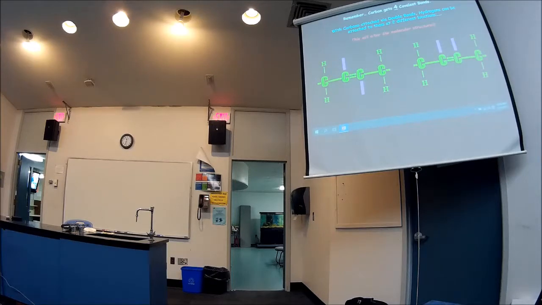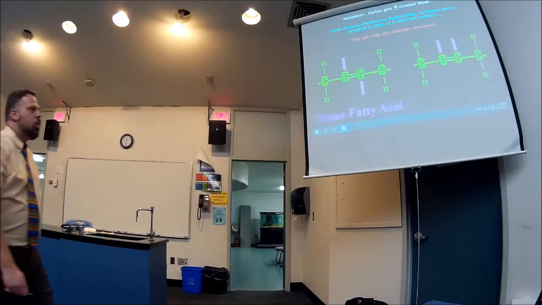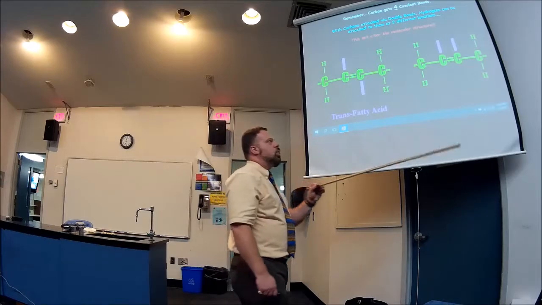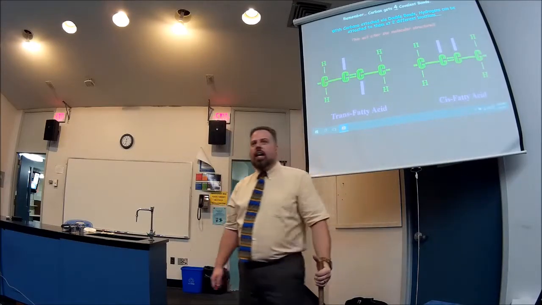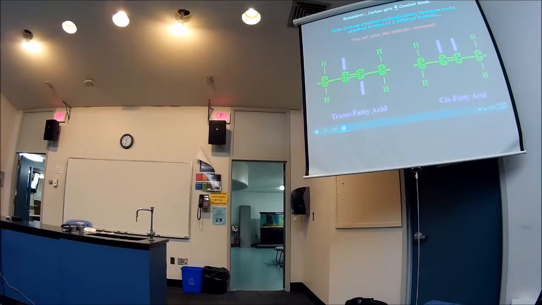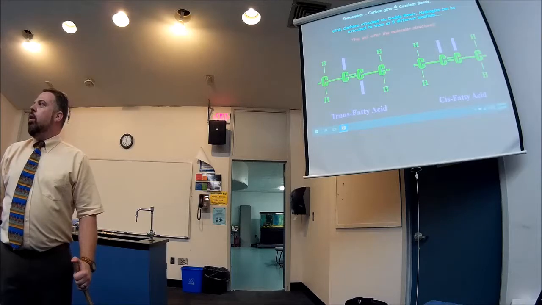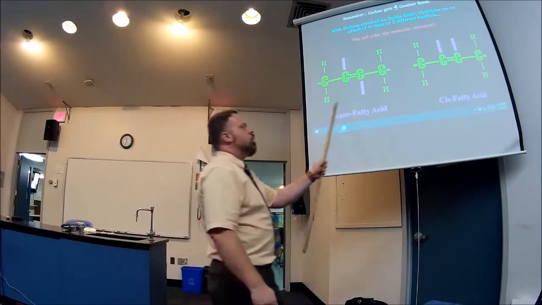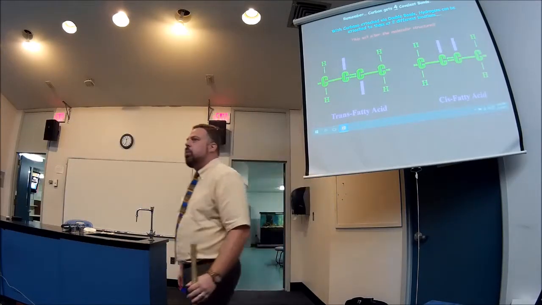Remember I was talking about this with isomers. This is a trans fatty acid. That's a cis fatty acid. Oh, now we're hearing some things that you saw in the newspaper, commercials, and on boxes of food and crackers. Right? But we're using the word trans and cis when we talked about isomers.